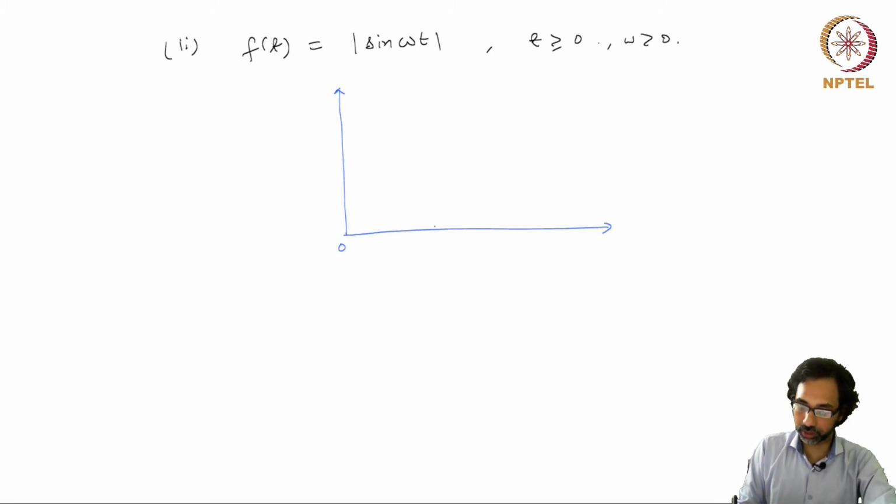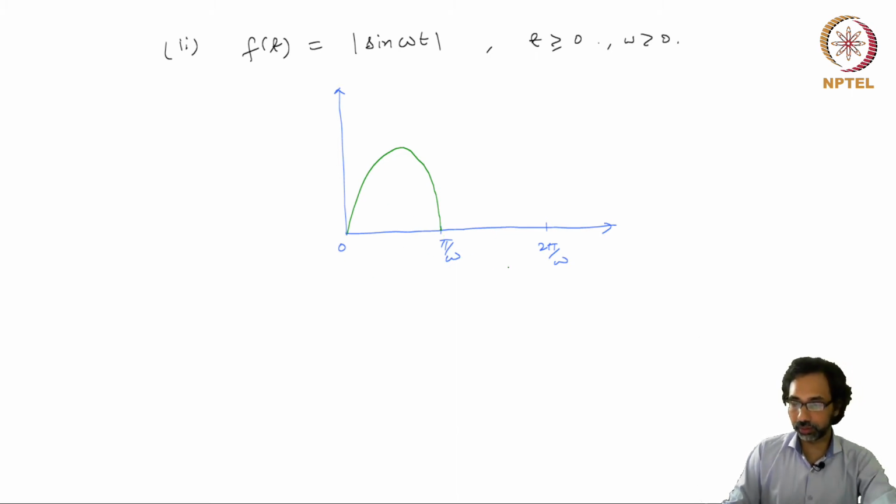So you have 0, pi by omega, and then 2 pi by omega, and so on, and the sine function from 0 to pi by omega is positive, but from pi by omega to 2 pi by omega you take the modulus sign, so it's again positive, and it repeats like this in the entire interval 0 to infinity.